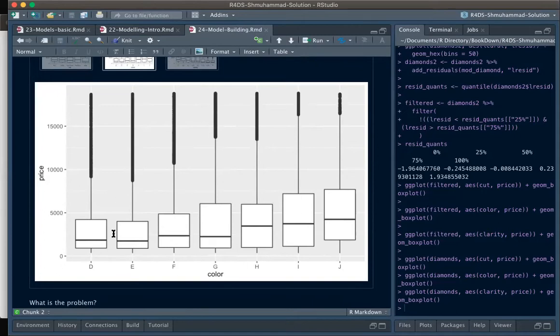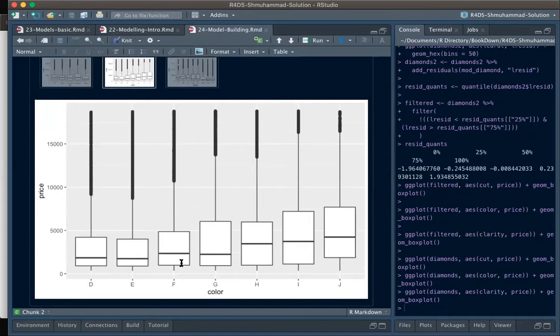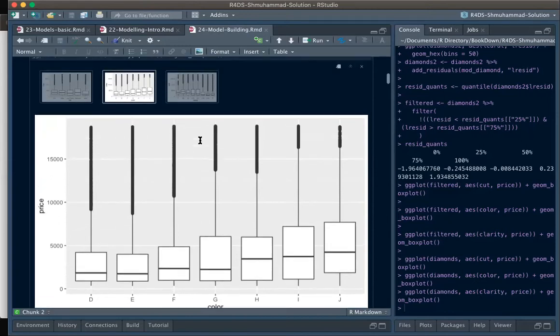And look at this one with good color, look at the price. You can see the median price of this one is even larger. None of these other diamonds, with these good colors, have even the median price comparable to the other ones. So we can see that this is somehow tricky.